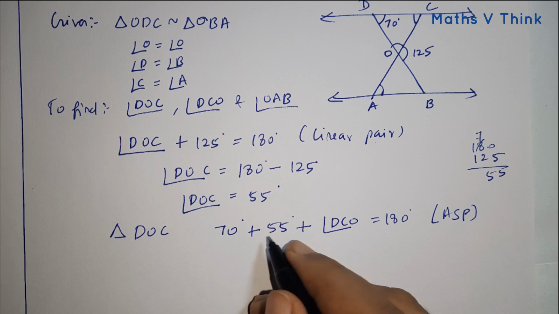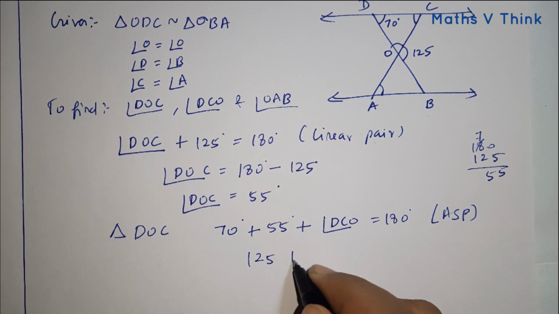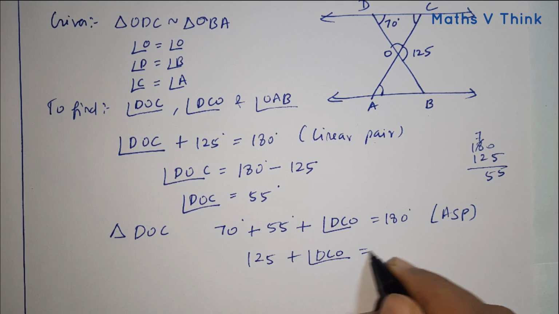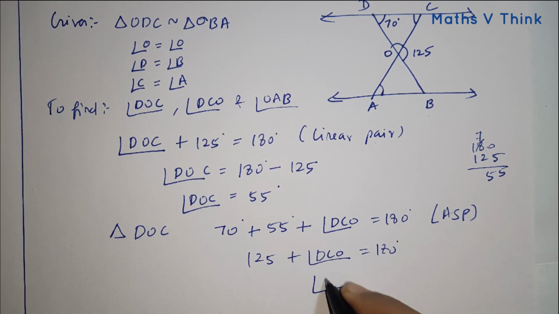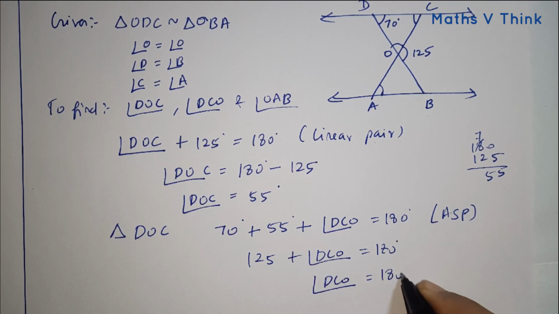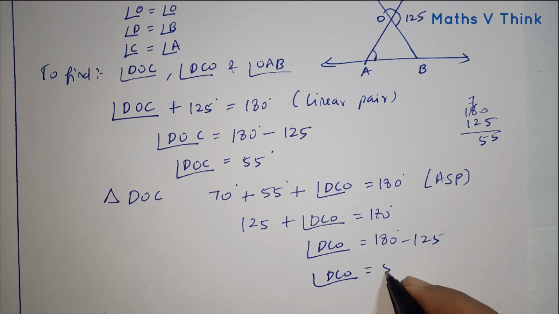So 70 plus 55, 125 plus angle DCO is equal to 180 degree. Angle DCO is equal to 180 minus 125. So angle DCO is also 55 degree.